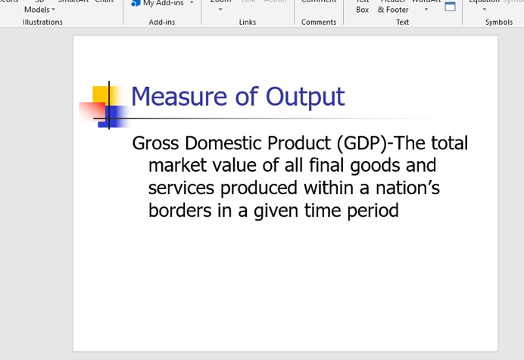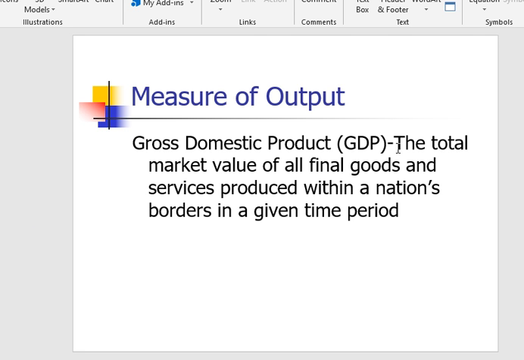Gross domestic product is the total market value of all final goods and services produced within a nation's borders in a given time period. It is a very short definition, but it contains a lot of important clauses.